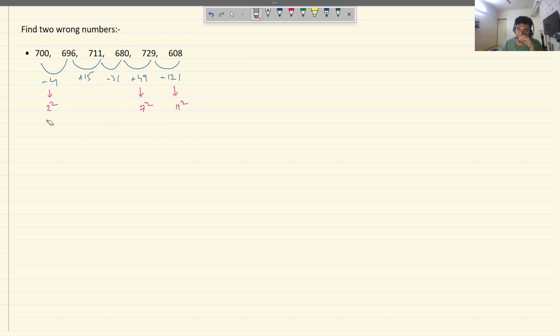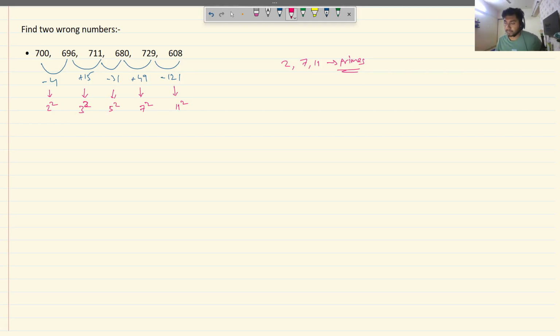And it cannot be only odd numbers because we have 2 square as well, 2 is an even number. But one thing that is common is that 2, 7, 11, they all are primes. So the next prime should be 2 square, 3 square, and this should be 5 square.